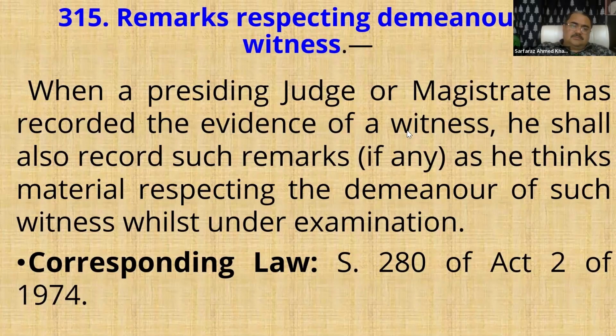Now the question is, this demeanor of a person, it can be of the accused, it can be of witnesses. Is it evidence? Demeanor of a person is not evidence, but this section, earlier 280, now 315, empowers the court to record the demeanor of a witness. So that can be recorded.